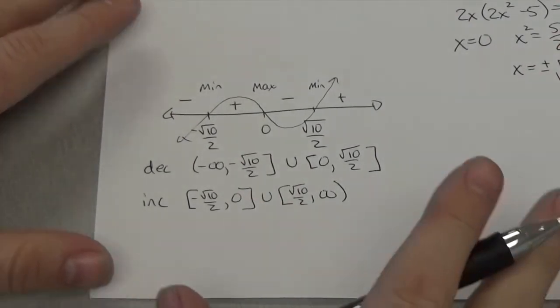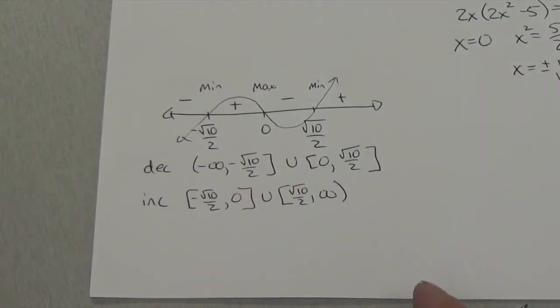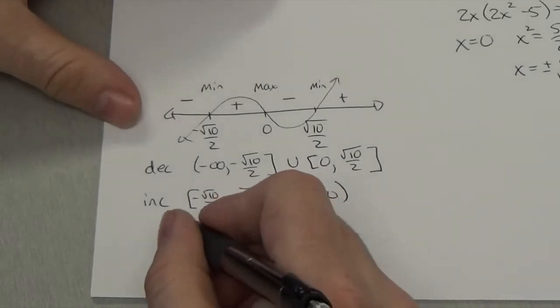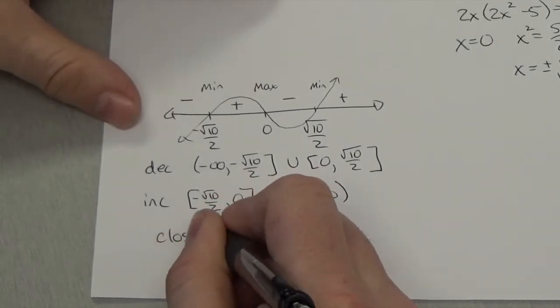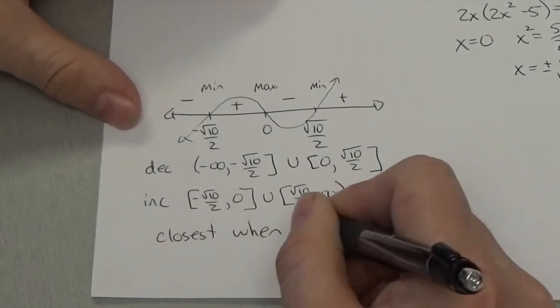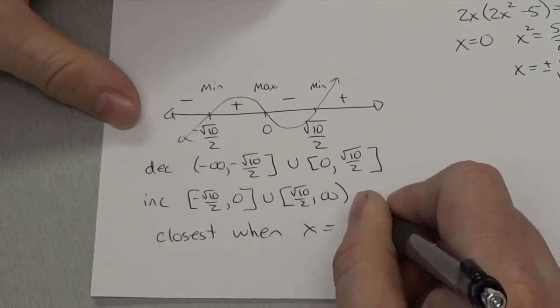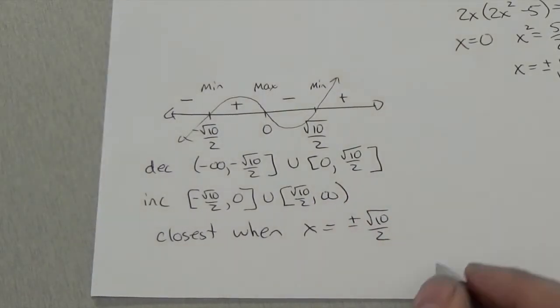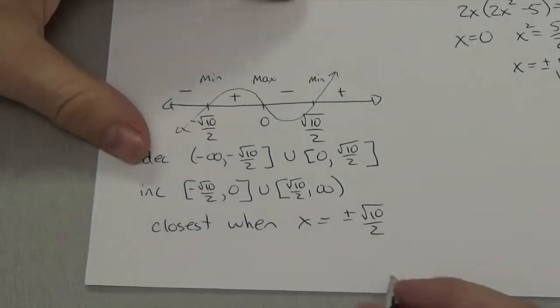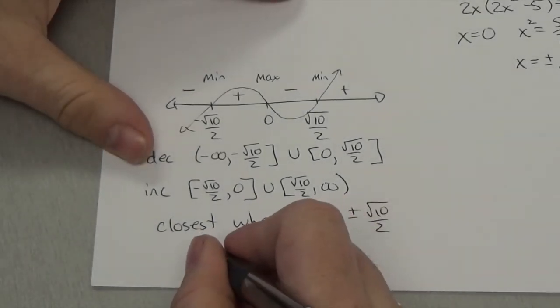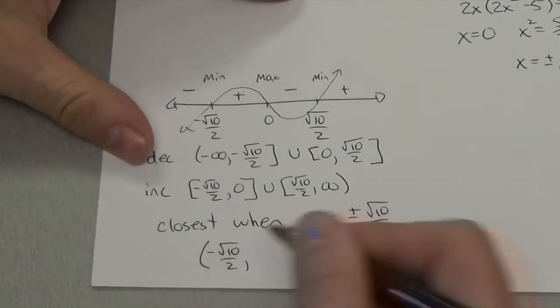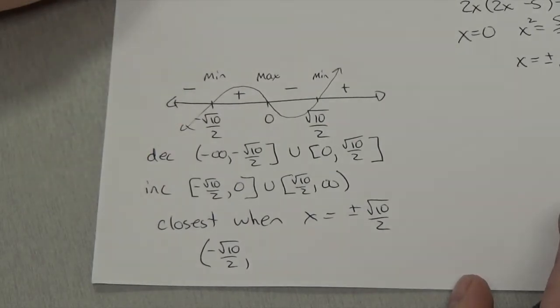So what are the points on the parabola that are closest? They're going to be closest when x is equal to either positive or negative root 10 over 2. Now, let's plug that in because we're supposed to get the point here. So if x is equal to negative root 10 over 2, how do I get my y coordinate?